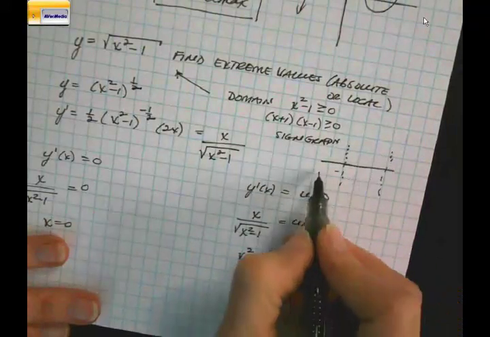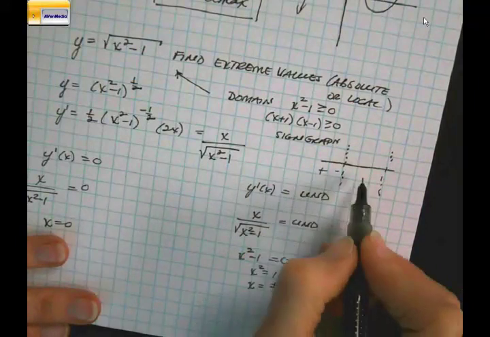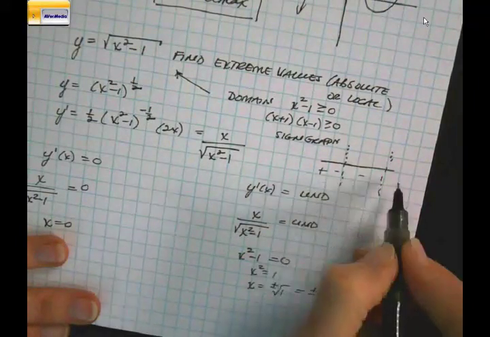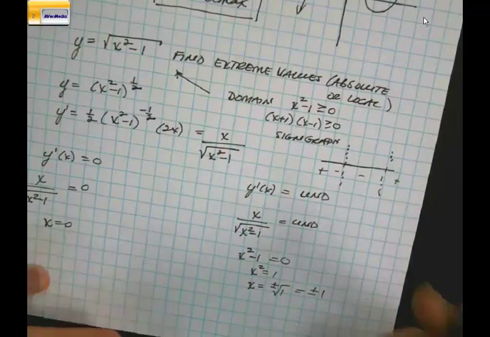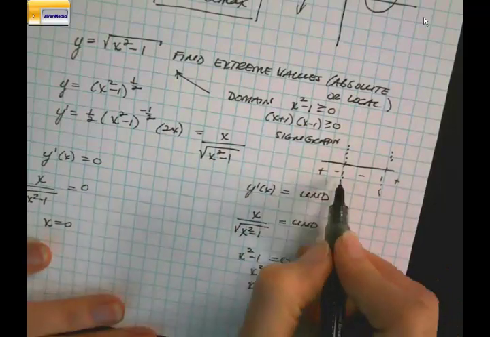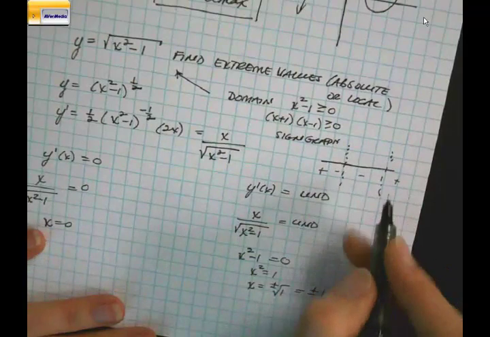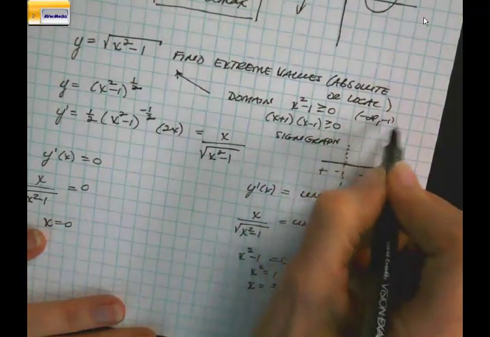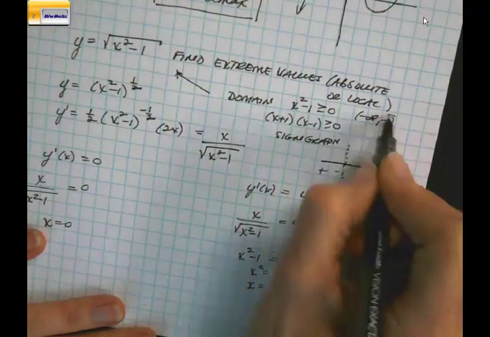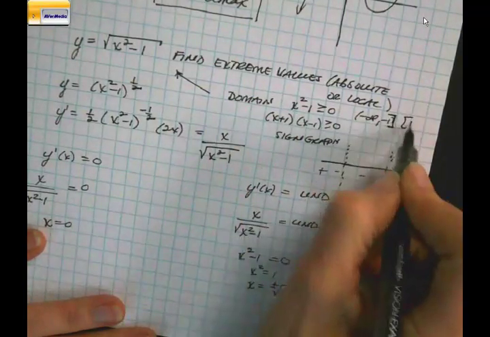Then you picked a value like -10, which would be positive. You pick 0, would be negative, and you pick like +10, which is positive. So your domain is from -infinity to -1, including -1, and 1 to infinity.